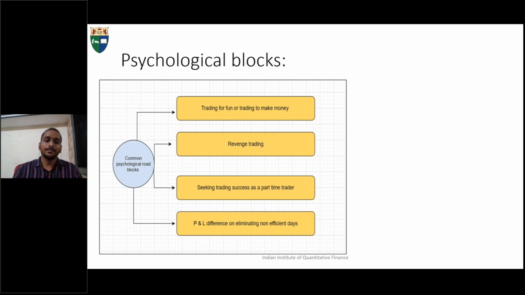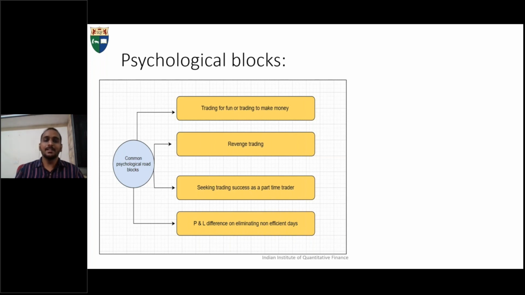Then some traders see trading success as part-time traders, where they think they will be working along with that, and they will be trading in between whenever they get the time and the setup, which cannot be called systematic trading. And finally, some traders are successful at backtesting their strategies manually, but they eliminate the non-efficient days, and when they go live, they face those non-efficient days and losing trades, and then the system gets hopped every time a losing trade or non-efficient day occurs.